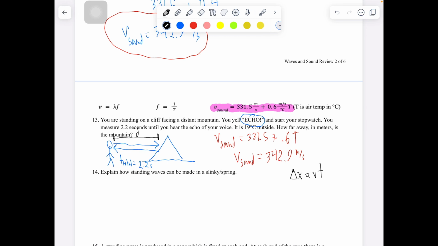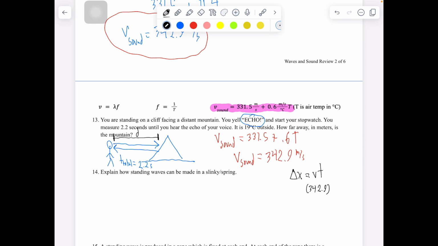We have a velocity, we have time. Are we good to just plug everything in? Not quite. Because while that velocity is absolutely correct, that's how fast the sound is traveling through the air, it travels more than a distance of d in 2.2 seconds. That total time is the time it takes to go there and back.